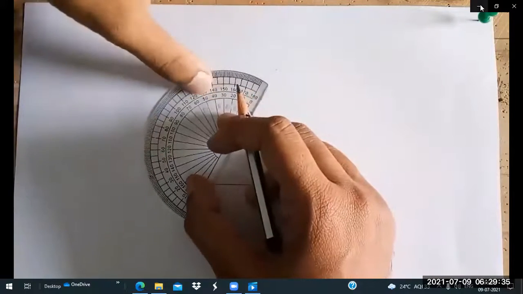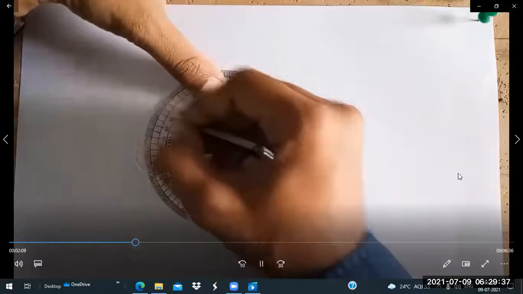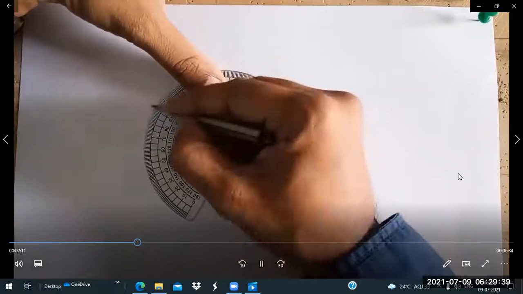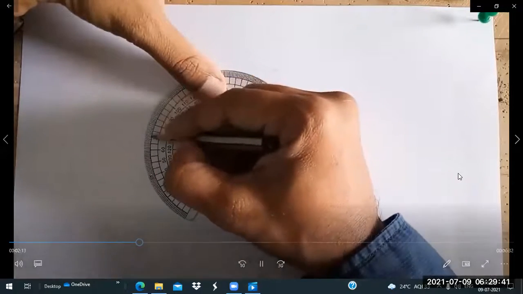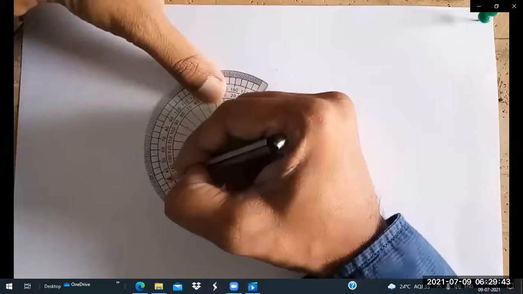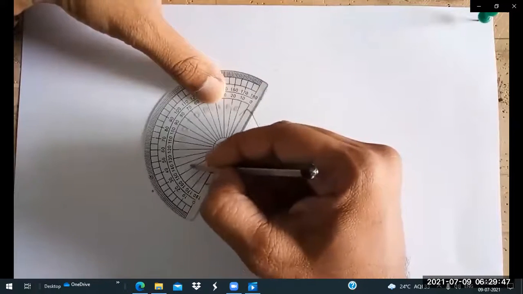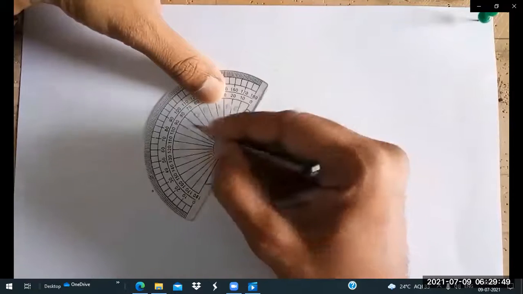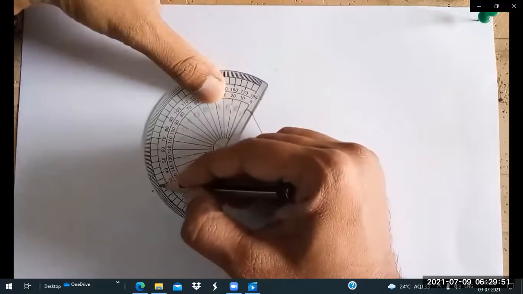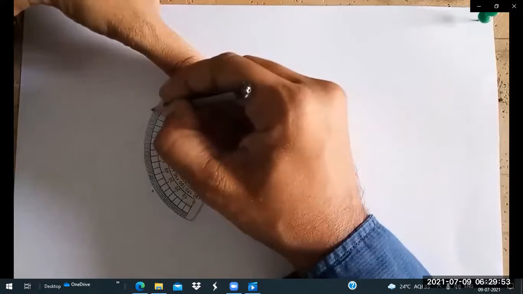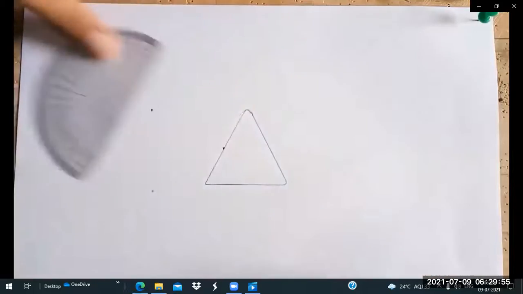Angle of incidence 60 degree. So we know that the normal would be 90 degree. So this is 90 degree. So 10, 20, 30, 40, 50, 60. So the 60 degree would be over here. We are not measuring the angle from here, otherwise it would be 30 degree. We are measuring the angle from 90 degree to 30 degree. That's why it is 60 degree. Mark a point on 90 degree as well.